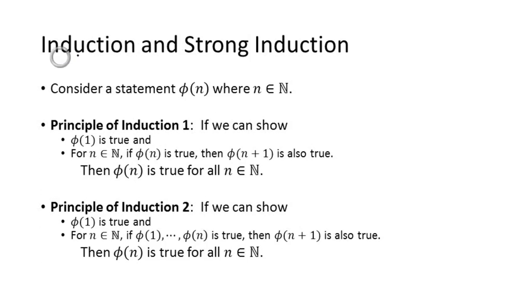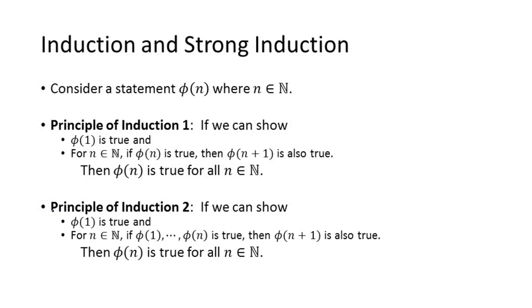So these are the induction and the strong induction. Consider a statement Pn where n belongs to the natural numbers. The principle of induction is the following. If we can show P1 is true, and for every natural number n, if Pn is true, then Pn plus 1 is also true, then the principle of induction guarantees that Pn is true for all natural numbers.